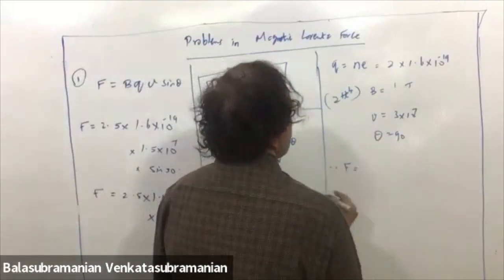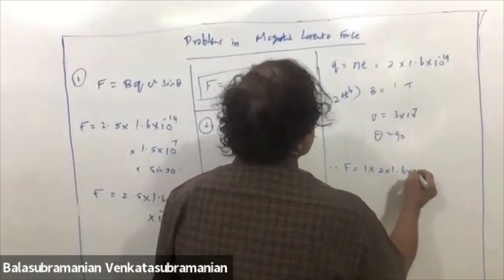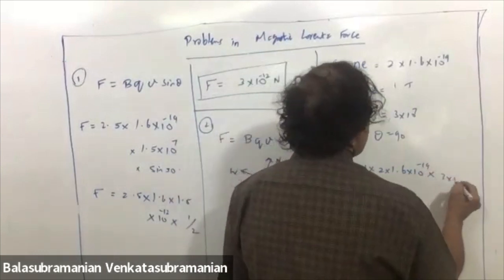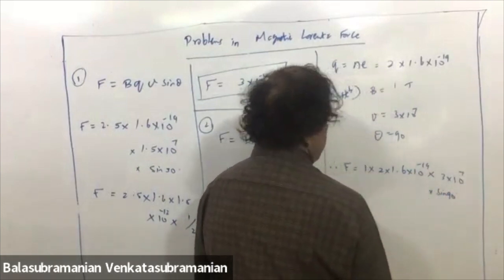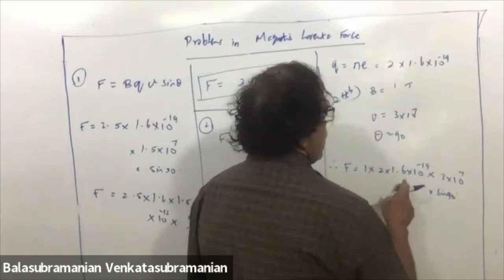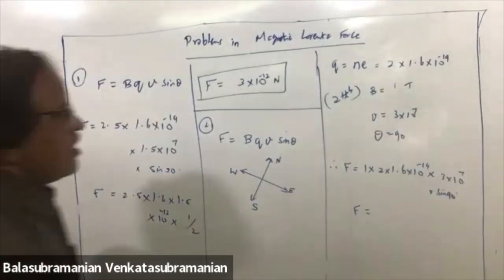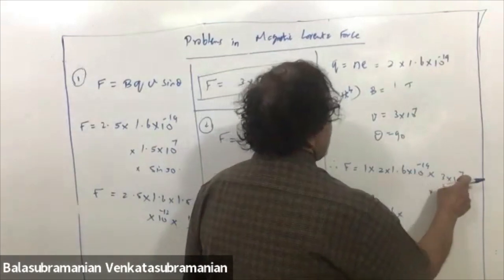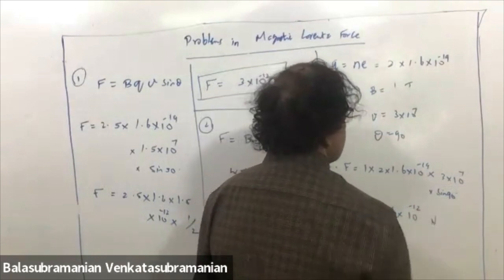Therefore F is equal to B q v sin theta: q is 2 into 1.6 10 power minus 19, v is 3 into 10 power 7, sin 90. 2 into 1.6 is 3.2, 3.2 into 3 is 9.6, 10 power minus 19 plus 7 is 10 power minus 12, sin 90 is 1. Newton.